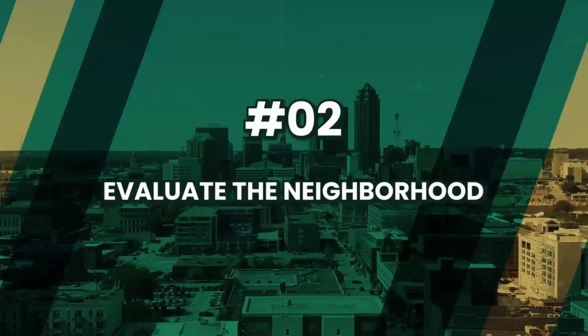And number 2, evaluate the neighborhood. The next stage in a real estate market analysis is to check out the desirability of the particular neighborhood you're looking for. Assessing the area will give you a clear indication of rental demand, property appreciation, and potential to attract good tenants.